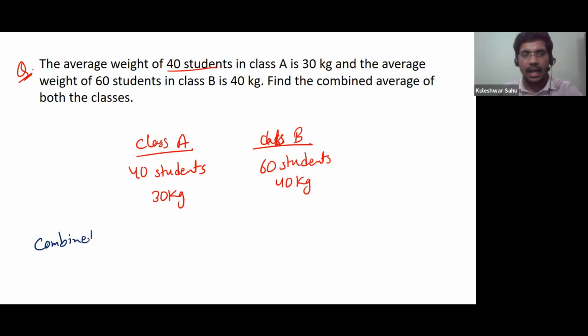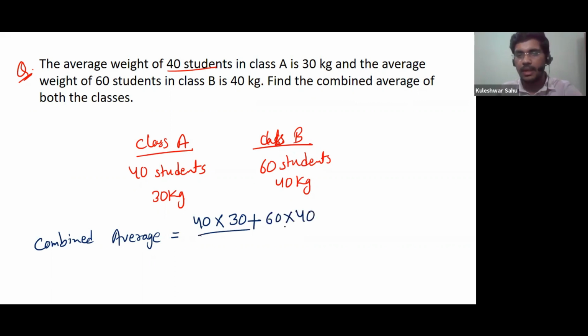So combined average is equal to average of class A into total number of students in class A. Sorry, average of class A is 30, total number of students is 40, plus total number of students in class B is 60 into average 40, divided by 40 plus 60.